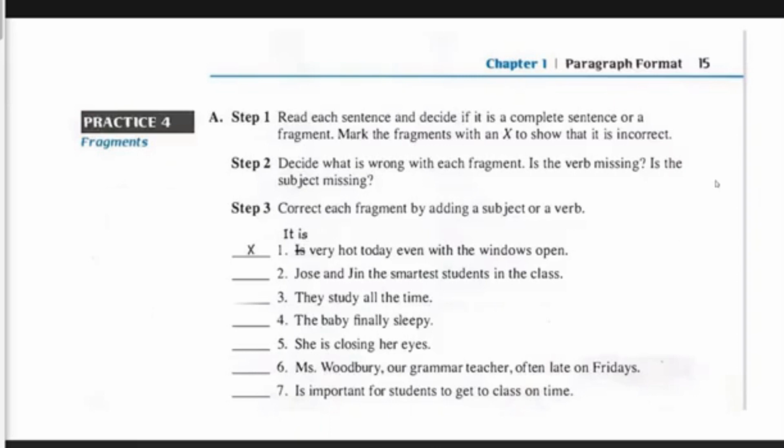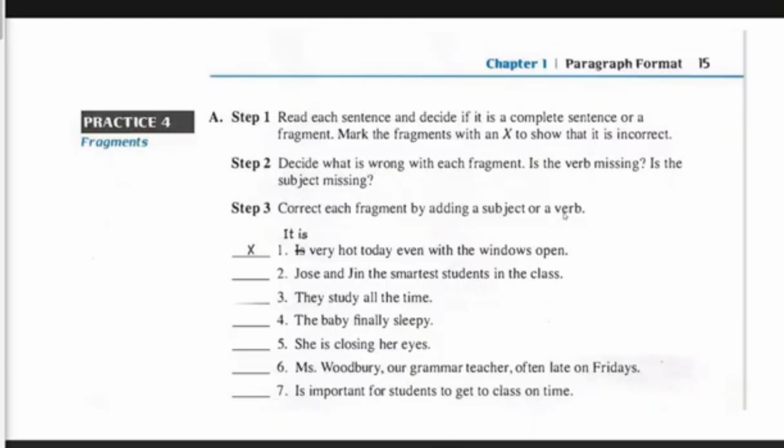Okay. Two sentences true. Joe and Jin are the smartest students in the class. All right. Very good. And then? And sentence 4.